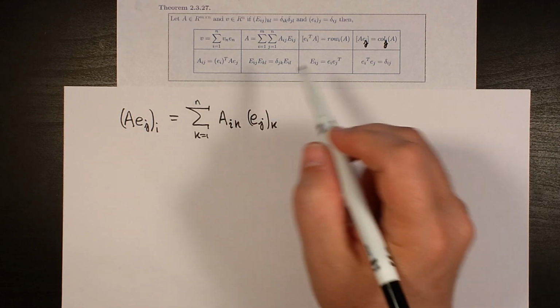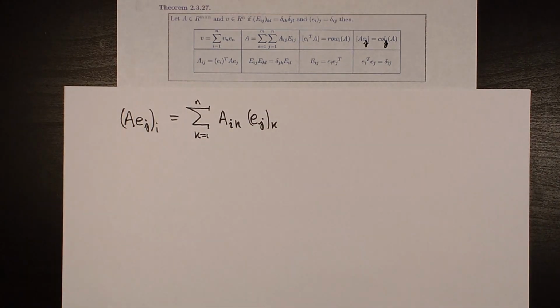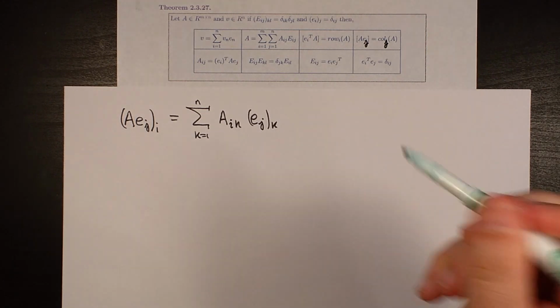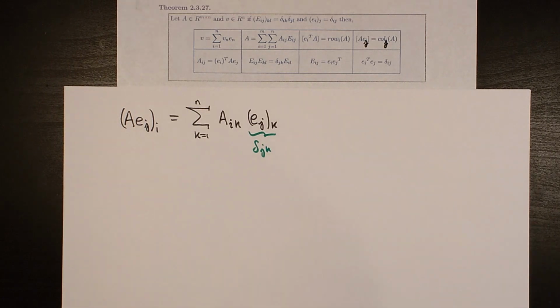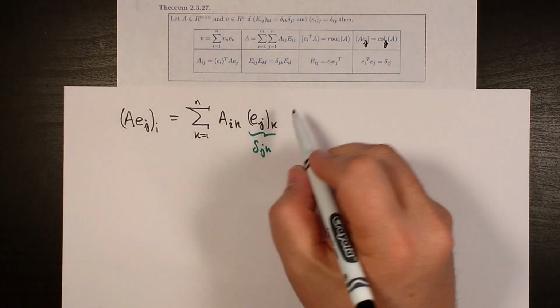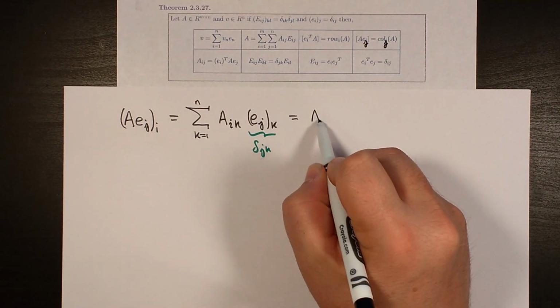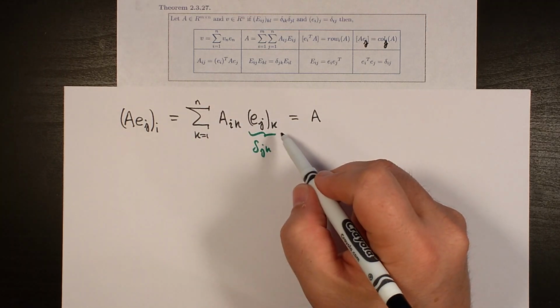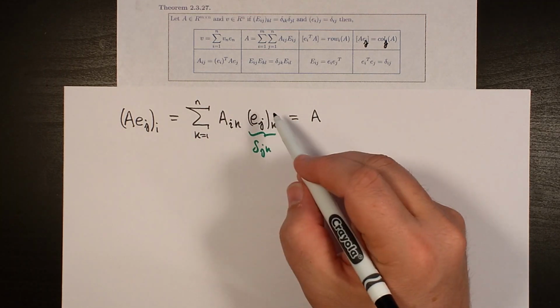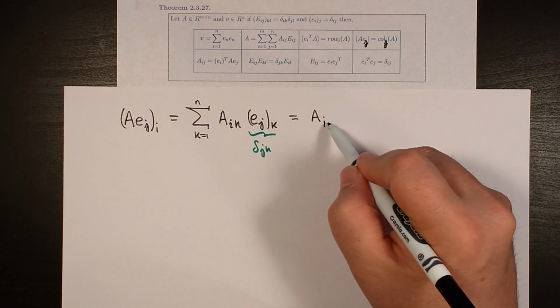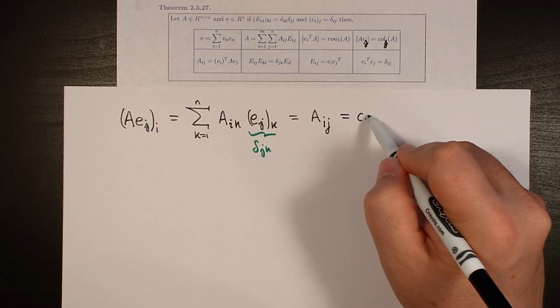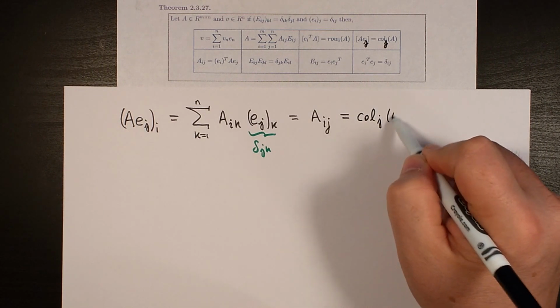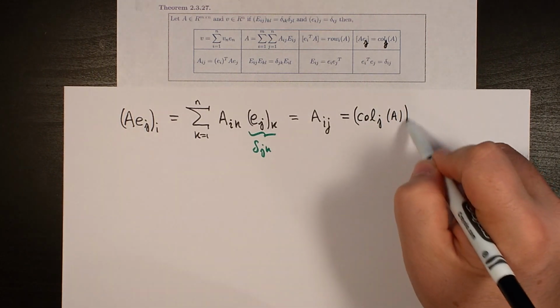Now, the nice thing here, of course, is that by definition, this is precisely the Kronecker delta jk, and so the summation collapses down. The only thing non-zero in it is when j is equal to k, and so we get A_ij. But you may recall that that's exactly the jth column of A and the ith component of that.